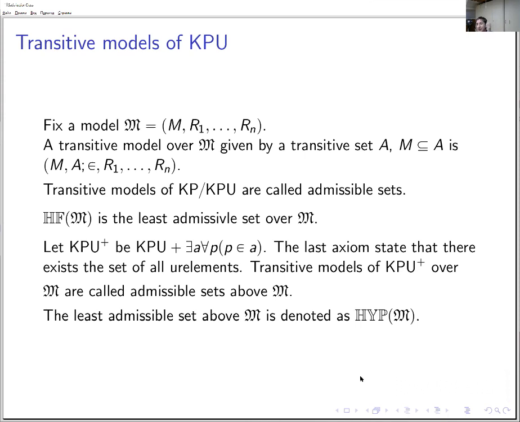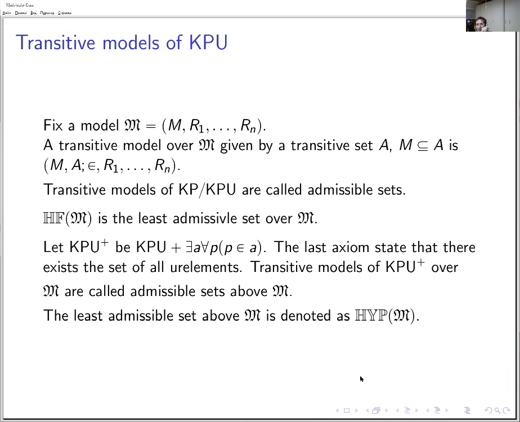As in the case of KP, HF of M is the least admissible set over M. It is, as discussed, the setting for the smallest finite computation over a given structure. But the more interesting situation is when we consider transitive models where the set of all urelements is a set.